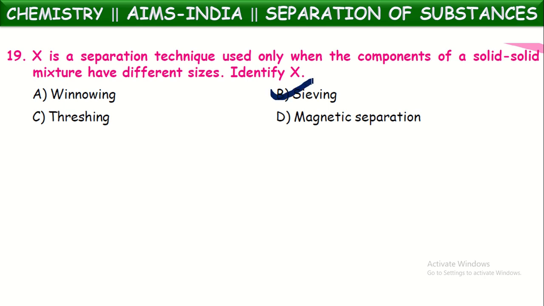Sieving, isn't it? The insects and some dust particles in the flour, or grains, will be separated from the flour by sieving it. Big sized particles will remain in the sieve, small sized flour particles will all come down. So their size difference is used in the sieving process.